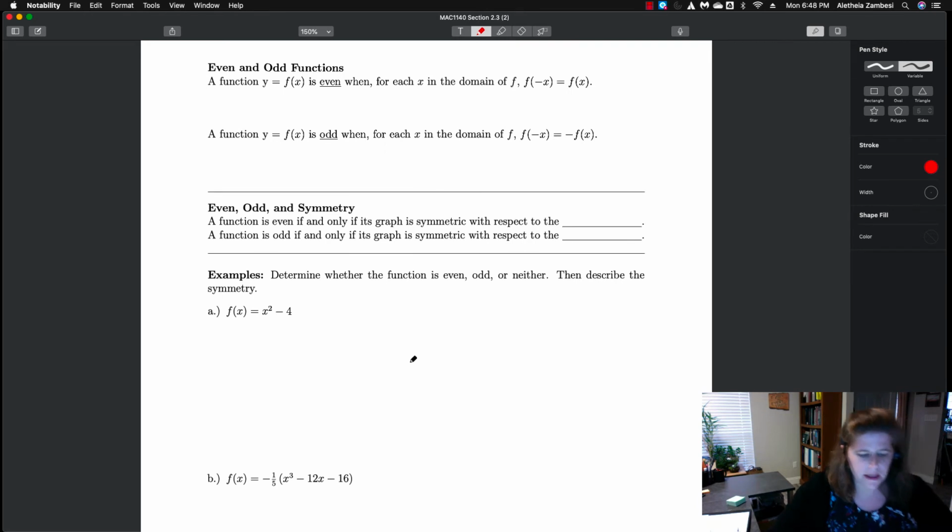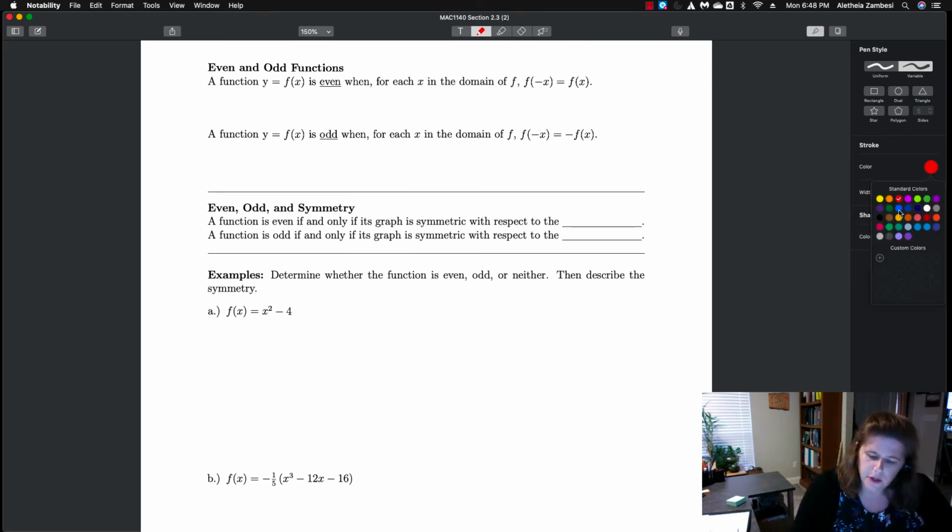Now, a function can be even or odd or neither as well. So if you're talking about a function that is even, then if you have f of negative x, it will simplify into f of x. If you have a function that is odd, then f of negative x simplifies to negative f of x.